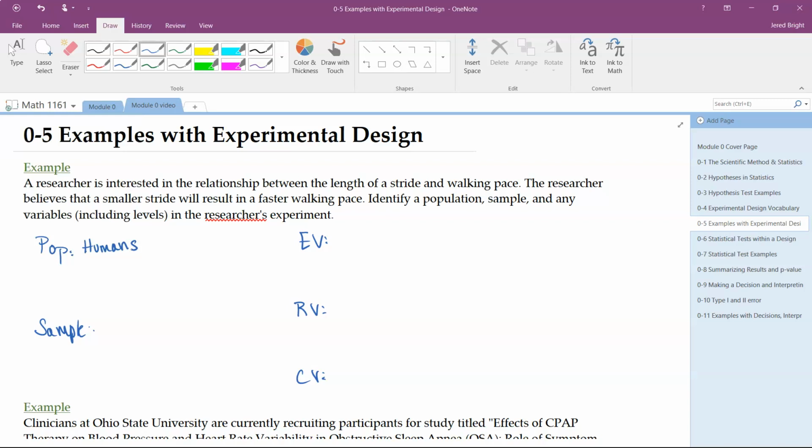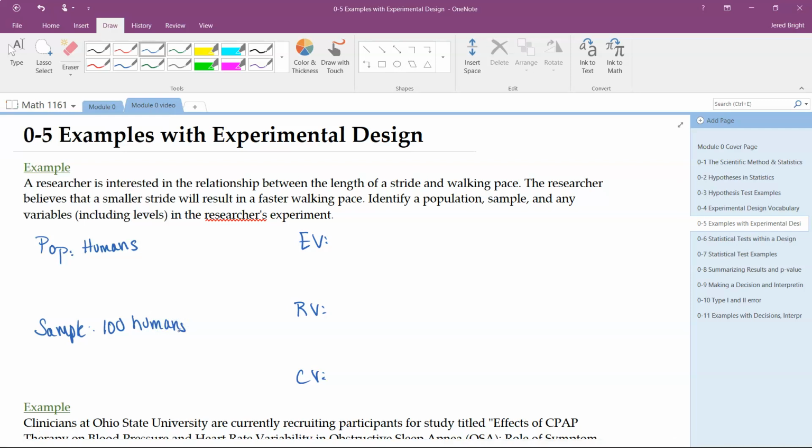And a sample, well, I can't sample all humans, but how many humans am I gathering data on? It doesn't say, but I should make that a little more narrow and say that this is maybe 100 humans, just to make a smaller group.